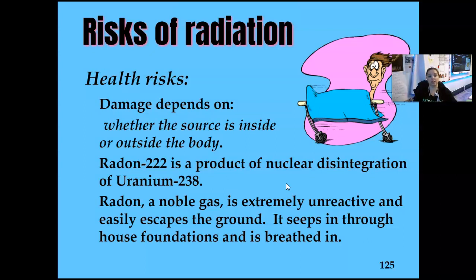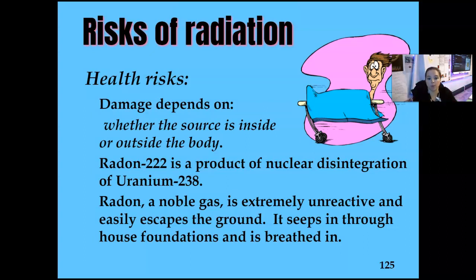Now here's where it gets kind of freaky. Radon-222 is produced naturally. It's a nuclear disintegration product of uranium-238, which again is used to date rocks that are below us. Radon is a byproduct, a noble gas that's extremely unreactive and easily escapes from the ground.